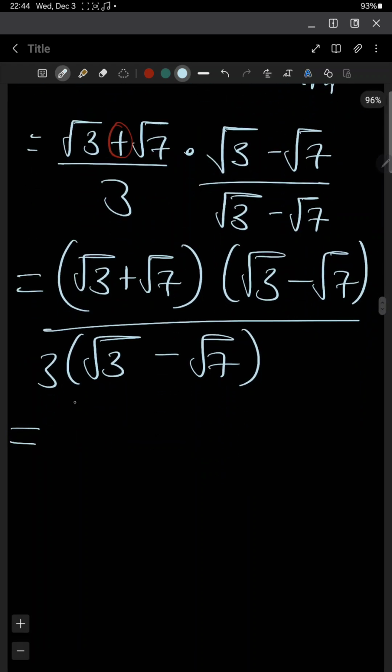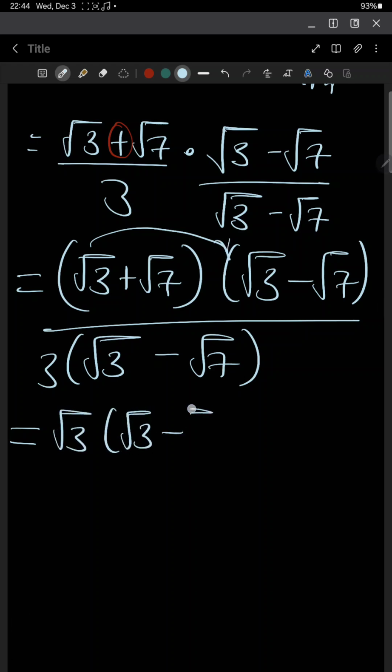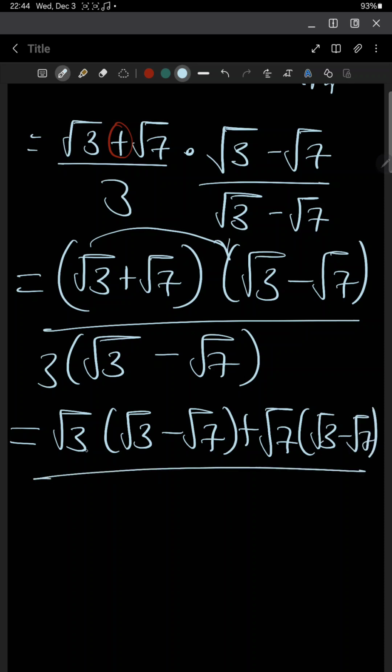After that, to simplify the numerator, this will multiply by that. So it will be square root of 3, open bracket, square root of 3 minus square root of 7, plus square root of 7, close bracket, square root of 3 minus square root of 7, divided by 3 times that, which is 3 square root of 3 minus 3 square root of 7.